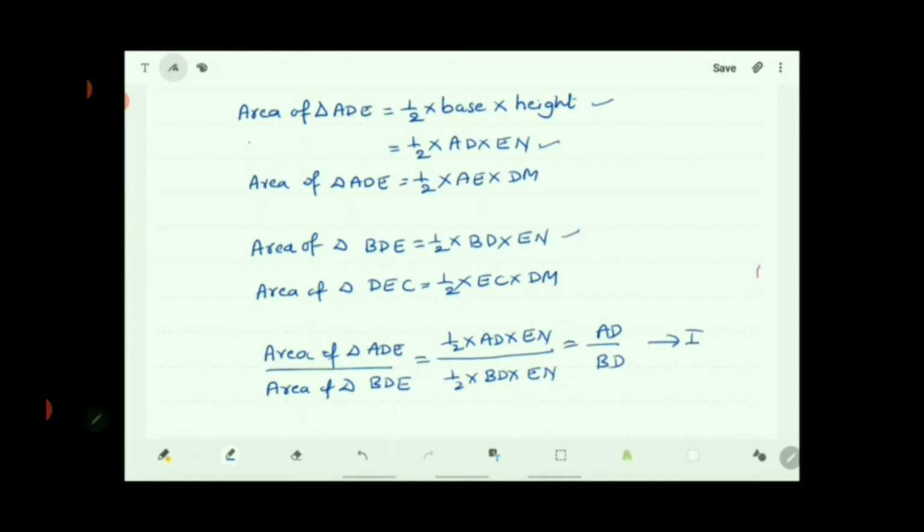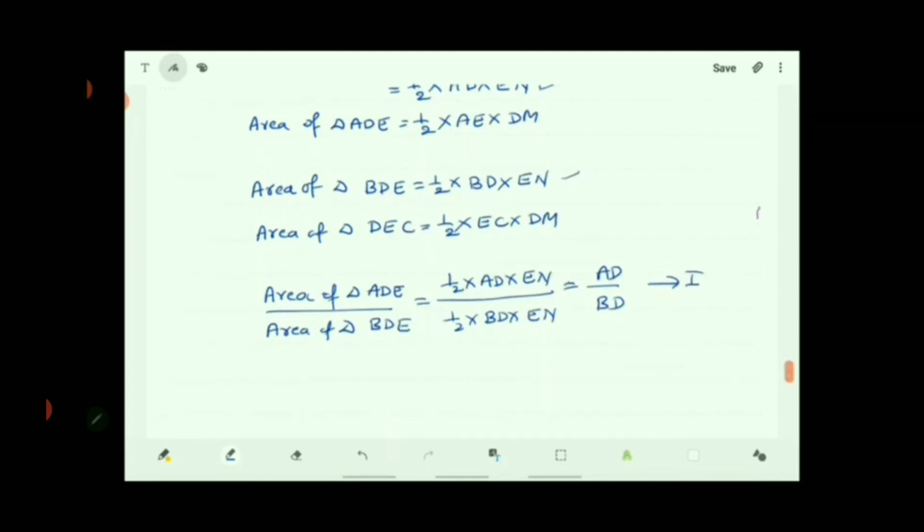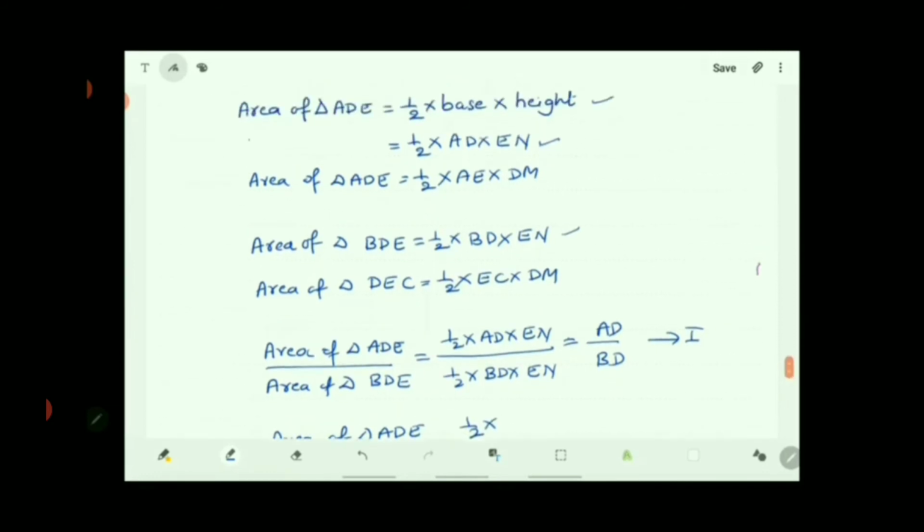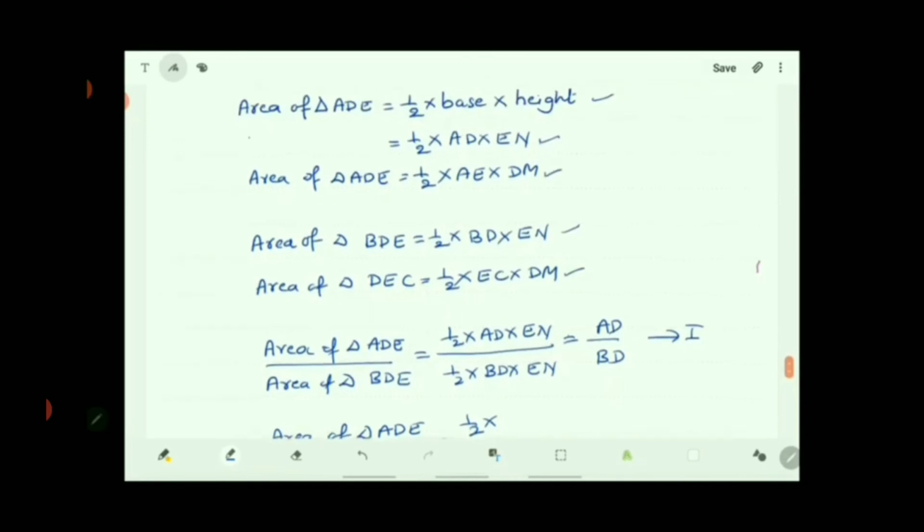Next, take the ratio using the same triangle ADE: area of triangle ADE by area of the other triangle DEC. Again, it is half into AE, taking the height DM, which is the height for DEC, and the same DM height for triangle ADE.